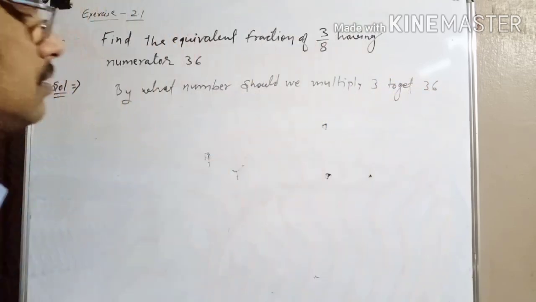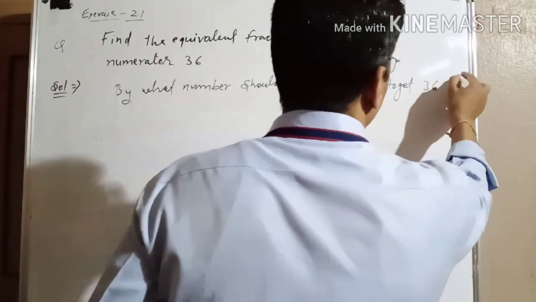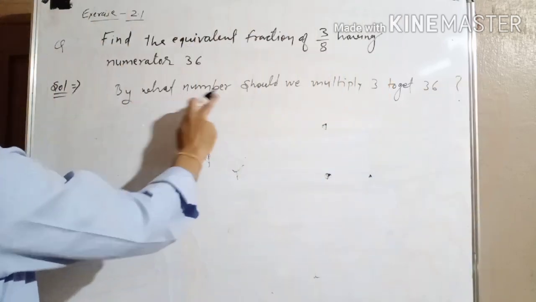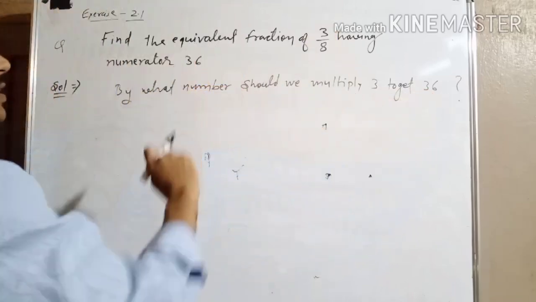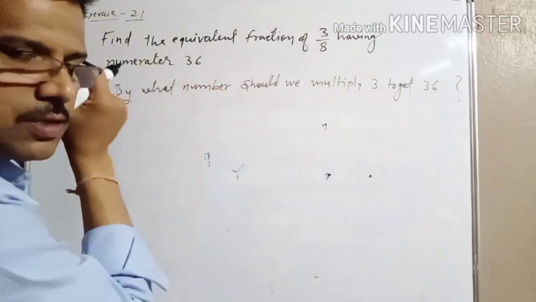Can you think? By what number should we multiply this 3 to get 36? Because we want 36 here. Can you think it?